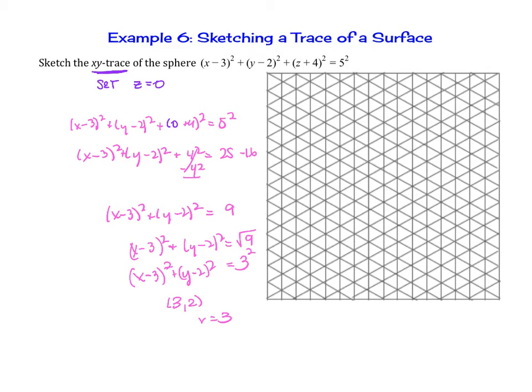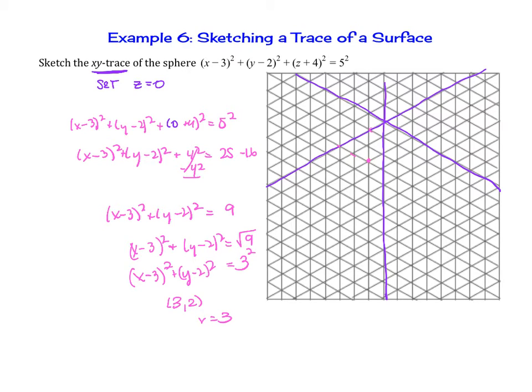So we're going to go ahead and graph this. Okay, so we have 3, 2, so +3, and then +2, which is here.